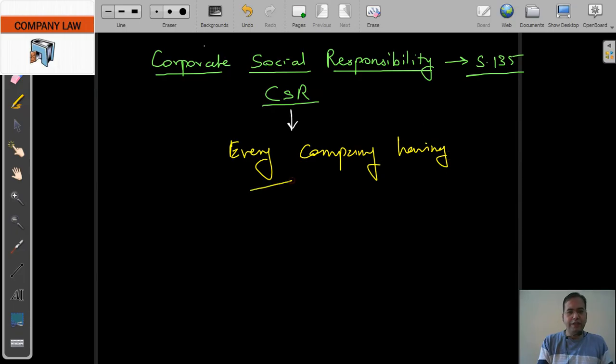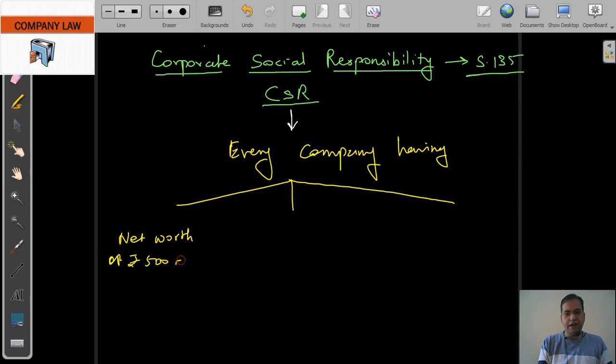So let's say there are three thresholds given. Net worth of rupees 500 crores or more.